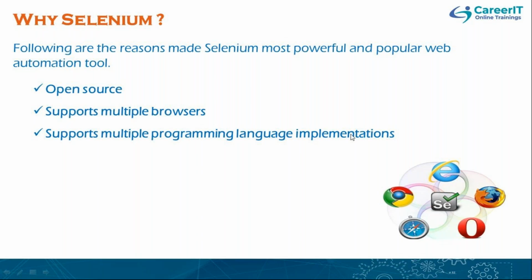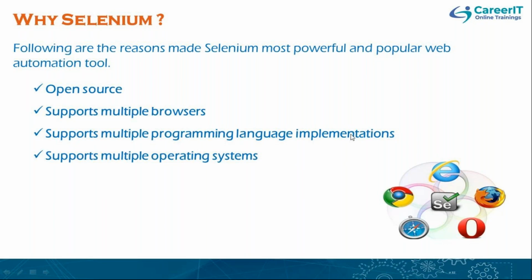Like HP QTP, or HP UFT, is limited to only VBScript. But it's not like that with Selenium, guys. Selenium can support multiple programming languages. If you are good at Python, you can learn Selenium with Python. If you are good at JavaScript, you can use Selenium with JavaScript. And the next benefit which you get is that it supports multiple operating systems, guys.